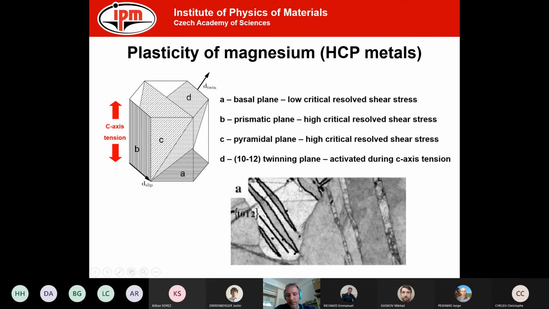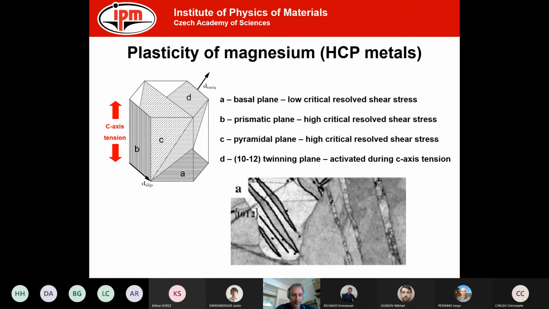On this picture, you can see how typical twins look inside the microstructure. Here you have a grain, and here are a couple of twins in this {10-12} plane. They have a typical lenticular shape, and they span across the whole grain.